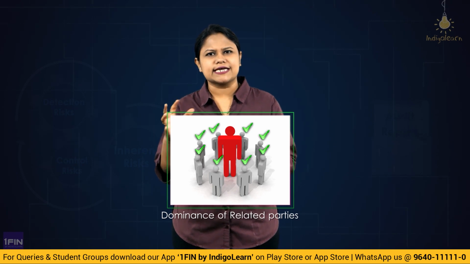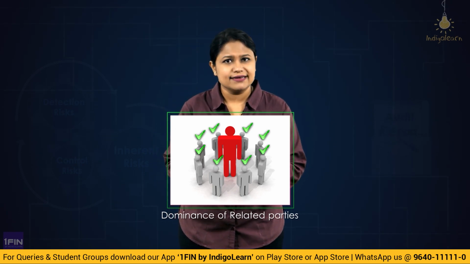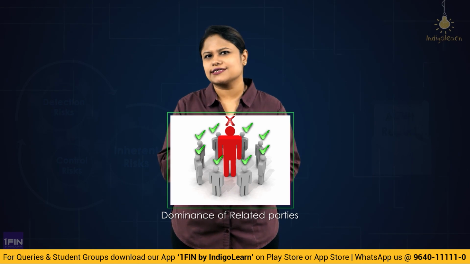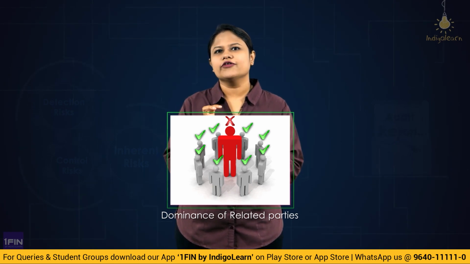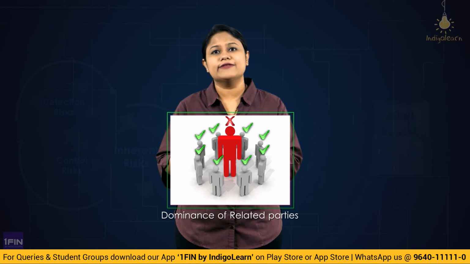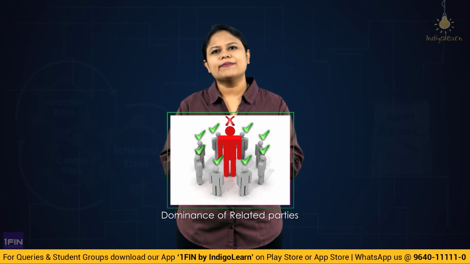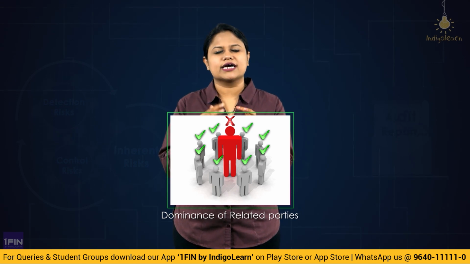But the person who is exercising control is sitting in the dominant position and he tells, I am not allowing it. So in this case, tell me, don't you think this is a kind of risk? Correct? Because there could be fraud, there could be some kind of unnecessary dominance which has influenced the decision making.